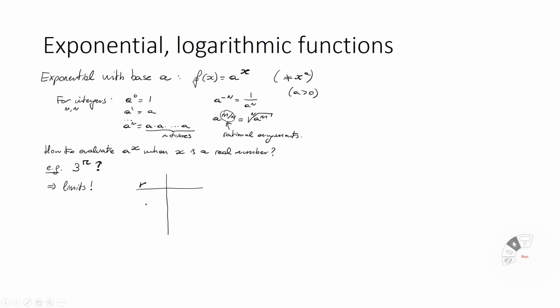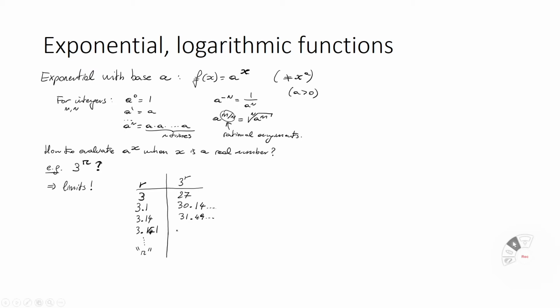So for instance, in this example, we can take r as 3, 3.1, 3.14, 3.141, and so on, and we get closer and closer to pi. And then 3 to the power r is going to be 27, 30.14, 31.49.